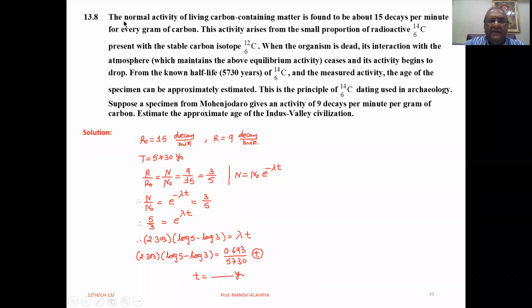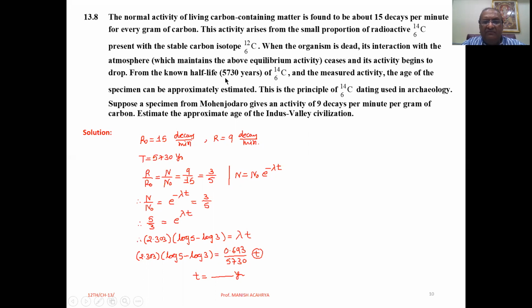Next, 13.8. The normal activity of living carbon containing matter is found to be about 15 decays per minute for every gram of carbon. This activity arises from the small proportion of radioactive 6C14 present with the stable carbon isotope 6C12. When the organism is dead, its interaction with the atmosphere, which maintains the above equilibrium activity, ceases and its activity begins to drop.